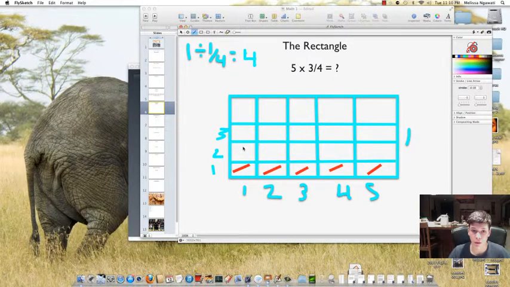So 1, 2, 3, 4. And remember, this is in fourths. So that's 1/4, 2/4, 3/4. So we have 1, 2, 3, 4, 5, 6, 7, 8, 9, 10, 11, 12, 13, 14, 15 quarters.